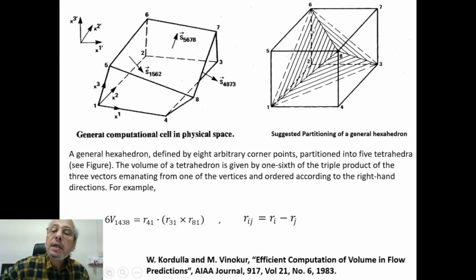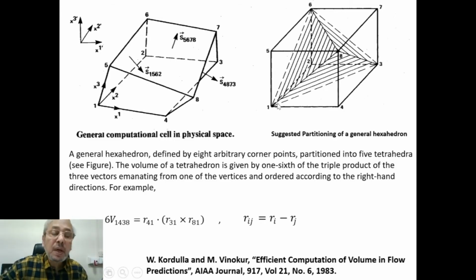Here we can divide it in such a way that we get the following tetrahedra. One is given by 1, 4, 3, 8.